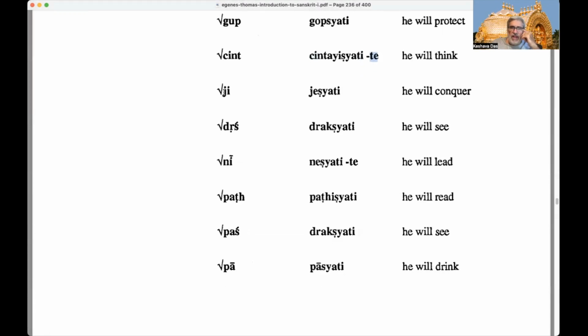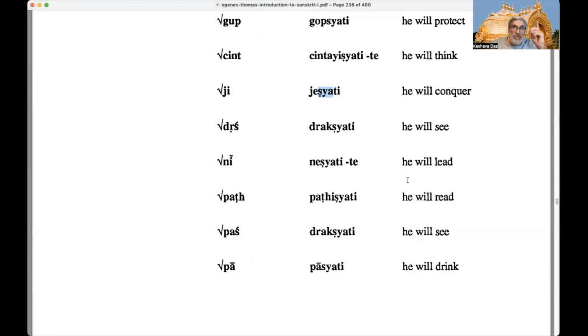Okay, this is easier to understand. From ji we get jaya. Ji becomes jayati in the present tense, but in the future tense the root is strengthened and ji becomes je. So je plus sya. That's the ordinary sya, and then there's an internal sandhi here because the normal dental s is following a vowel, but it's not a short a or a long a.